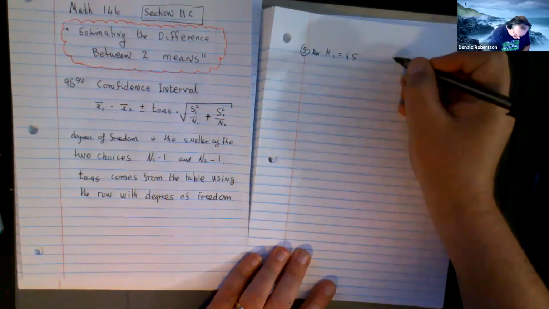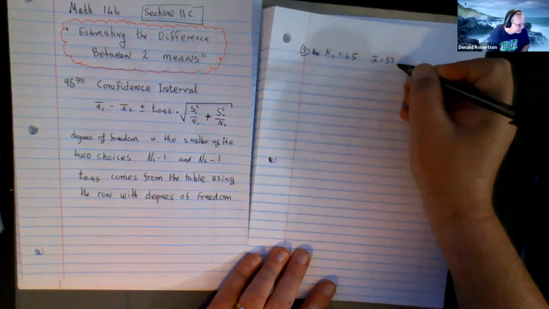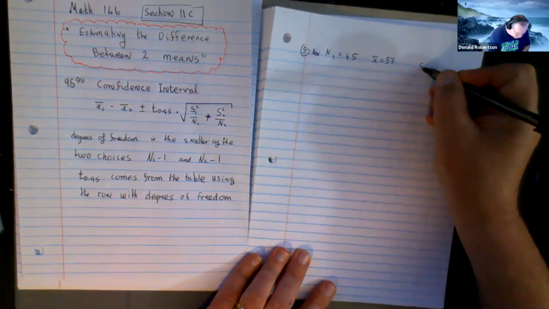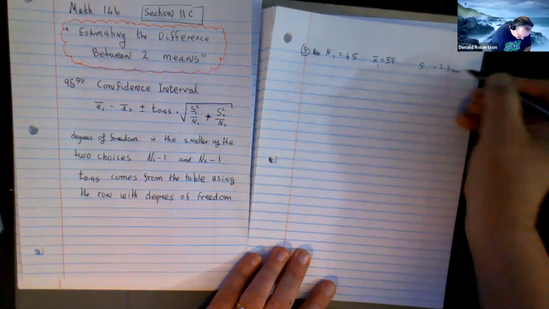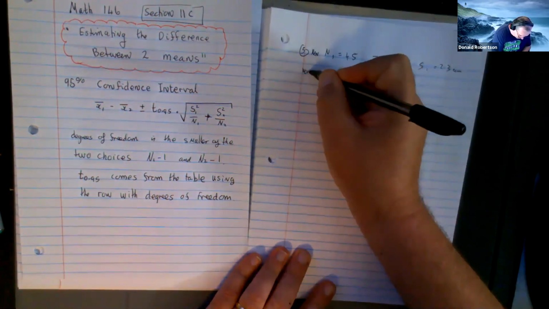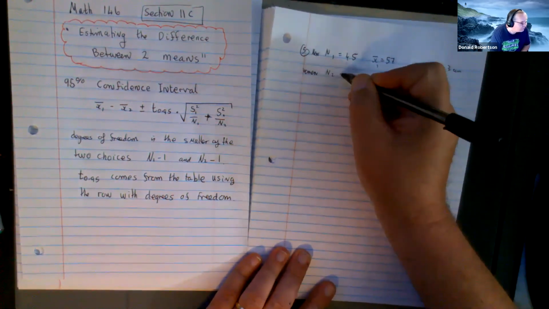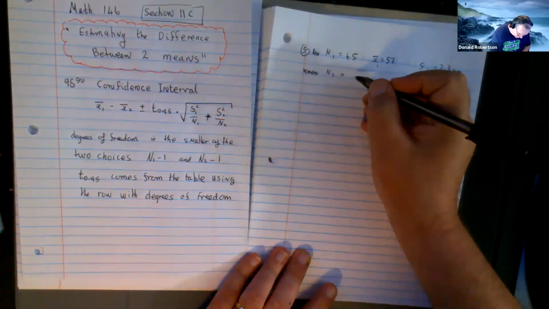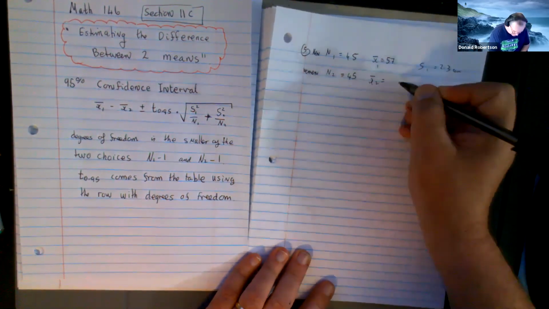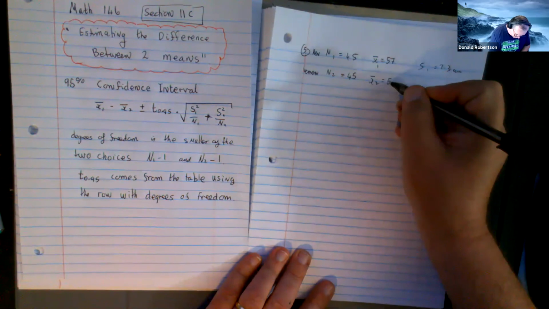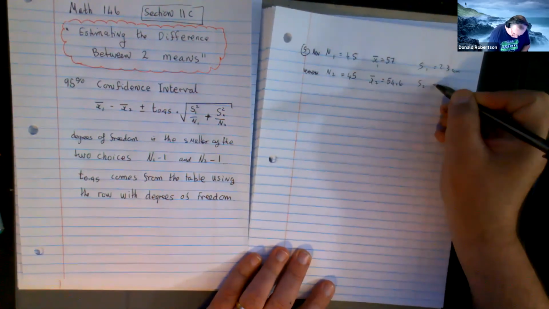And their head circumference mean was 57 centimeters, and the standard deviation was 2.3 centimeters. And then they got some self-identified women. In the second sample, there were also 45. And the mean for the women is 54.6, and the standard deviation was 2 centimeters.